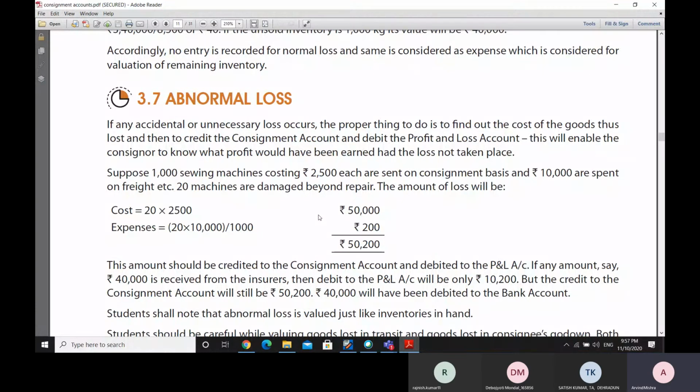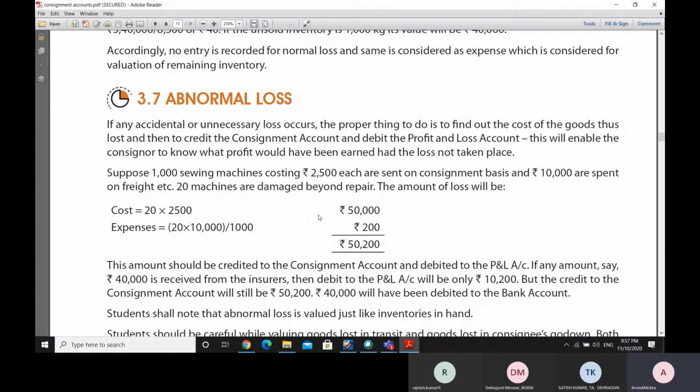Why are we doing that? Because we are raising the consignment profit to a figure where we are neglecting the abnormal loss, and therefore we come to know the profit margin on the consignment business.